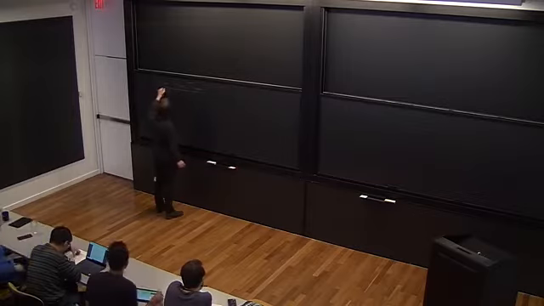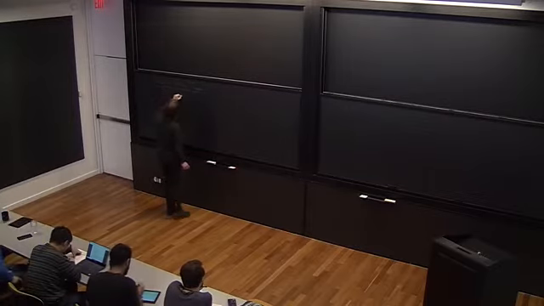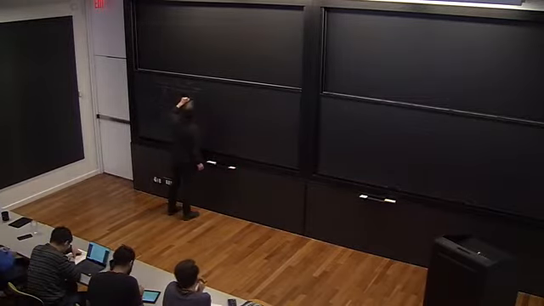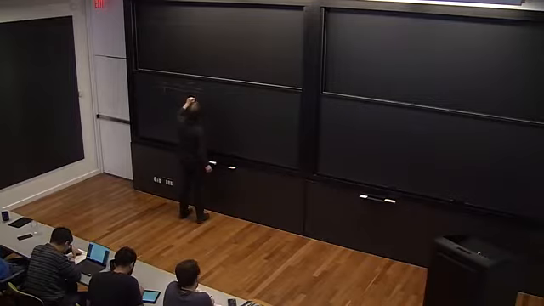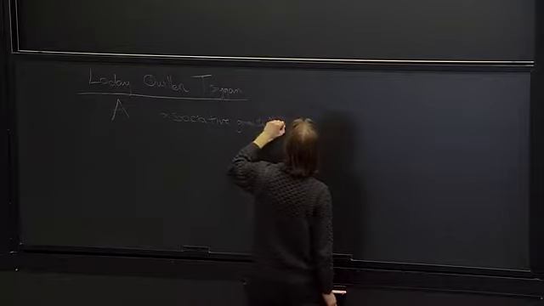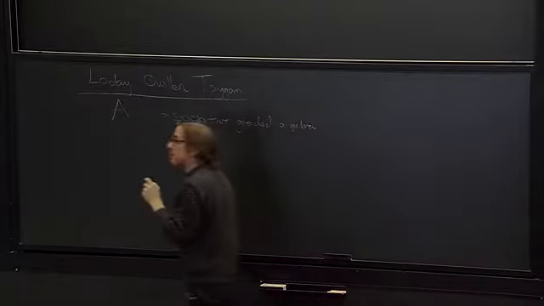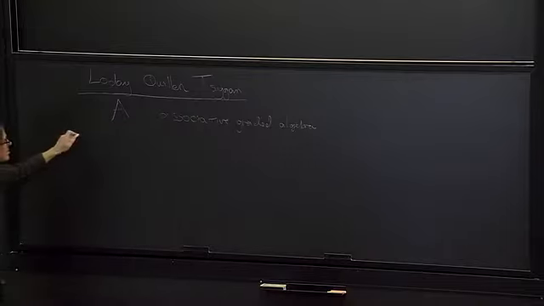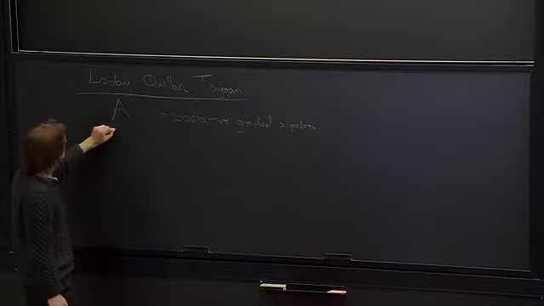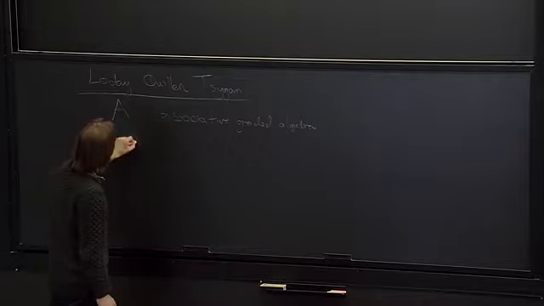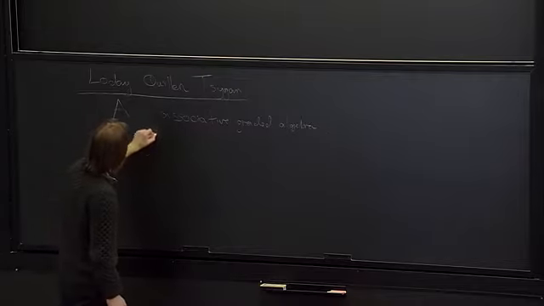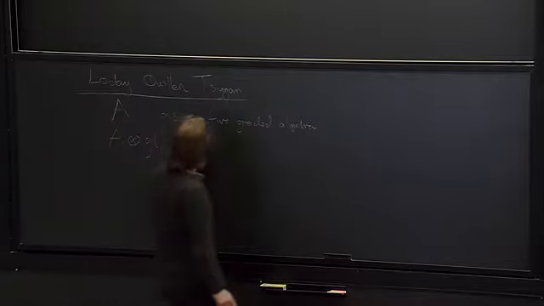Suppose that A is an associative graded algebra, and consider A tensored with GL_N. This is a Lie algebra.